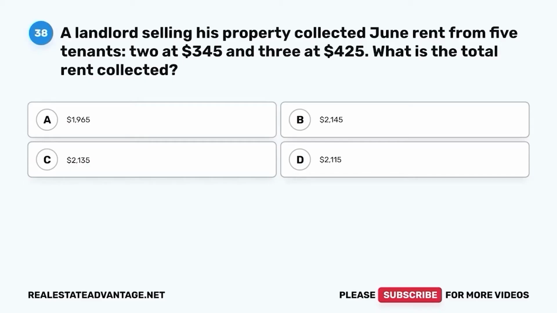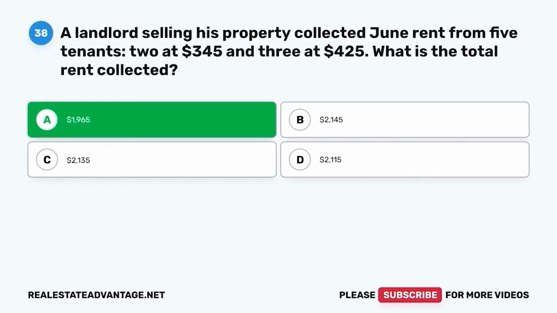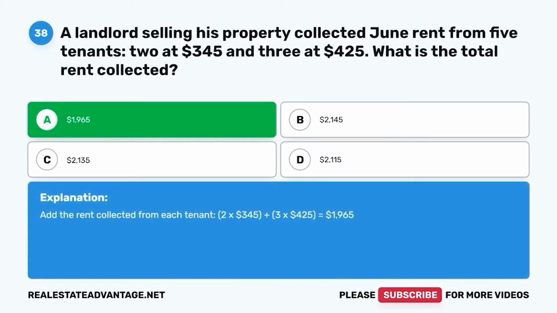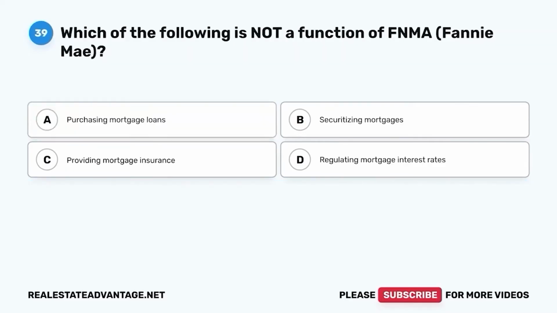D. $2,115. The correct answer is A. $1,965. Add the rent collected from each tenant, 2 times $345, plus 3 times $425 equals $1,965.